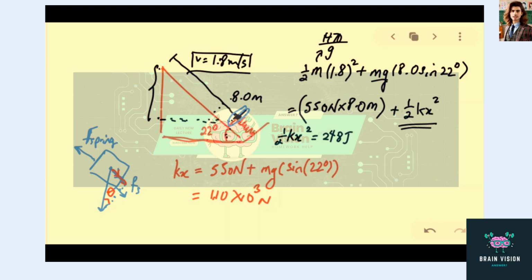What we can do is we can square this value, and then we divide by 248. And we should get 2k equals to 4845. And so k must be equals to 2440, around there, newtons per meter.